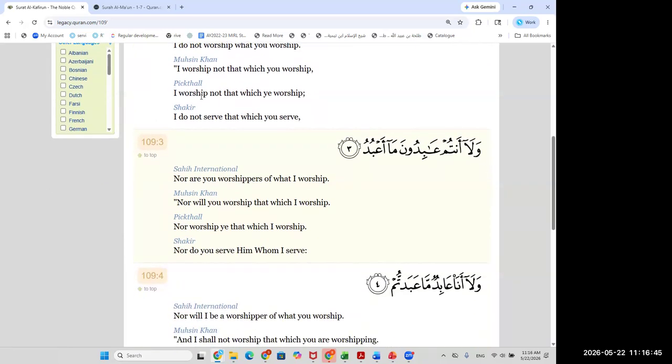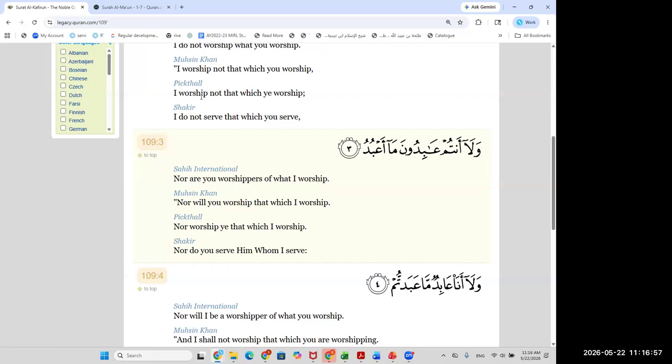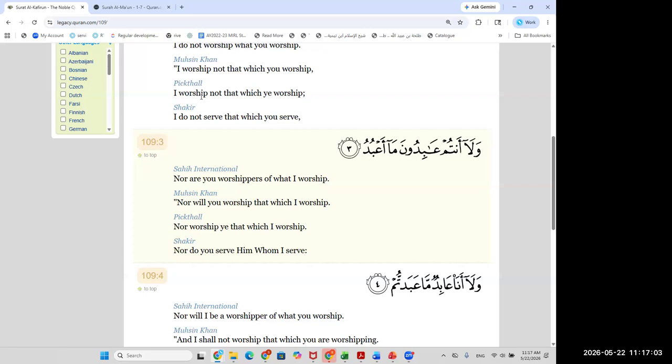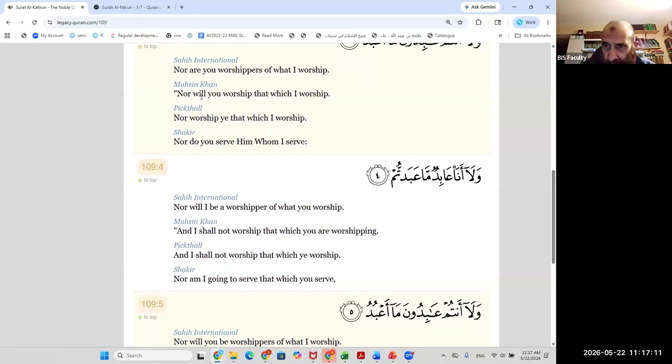I don't understand that. Who is exhibiting the behavior of a verb? عابد, عابدون. It is a noun, but it is exhibiting behavior of a verb. Therefore, it can take a maf'ul bihi. And the same with verse 4.